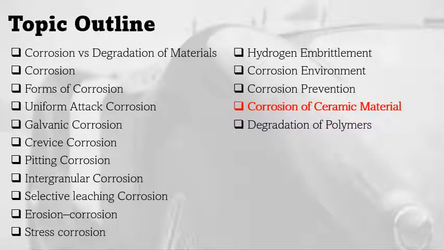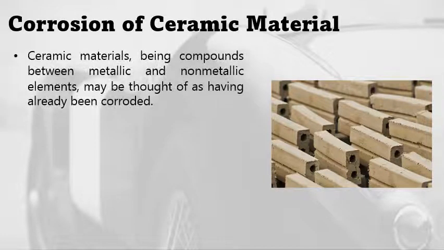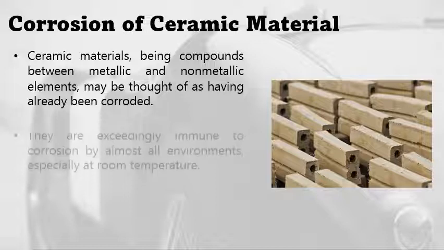Now that we have learned the different ways to prevent corrosion, we can move forward to the corrosion of ceramic materials. So far, we already discussed the corrosion of metallic materials. That is why it is also important to discuss corrosion of ceramic materials. Ceramic materials, being compounds between metallic and non-metallic elements, may be thought of as having already been corroded.